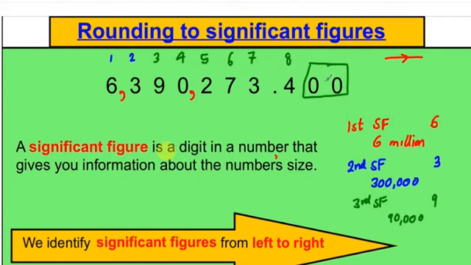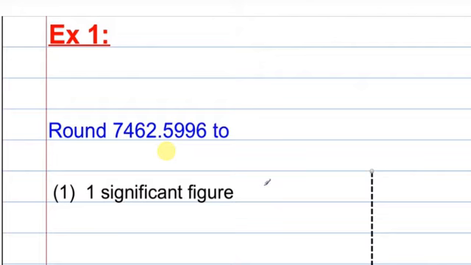So let us look at this example. You are supposed to round off 7,462.5996 correct to one significant figure. So let us write it again, that is 7,462.5996.